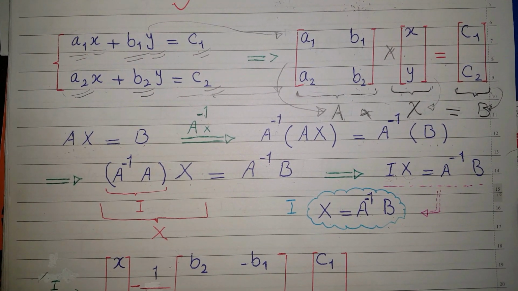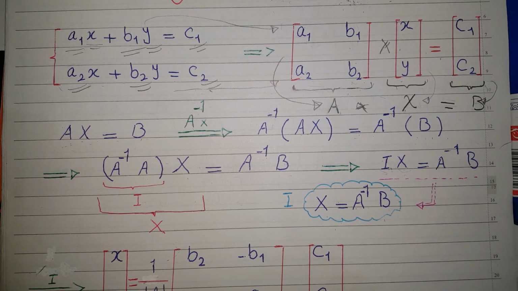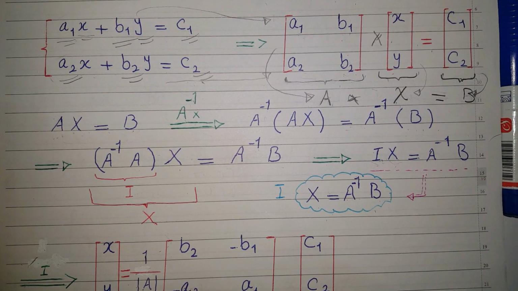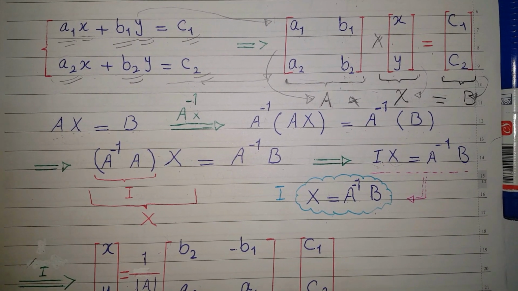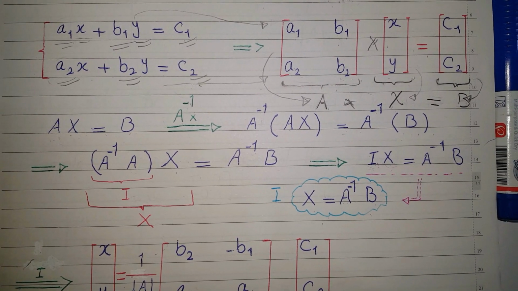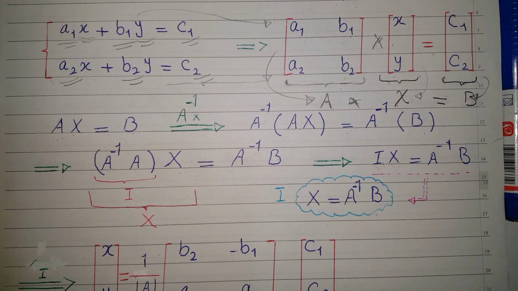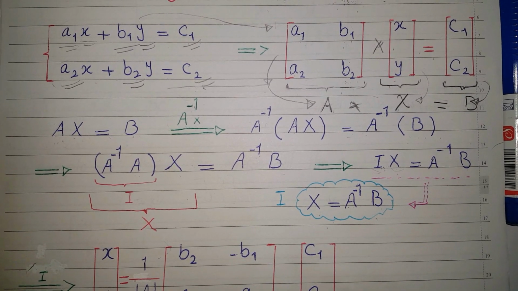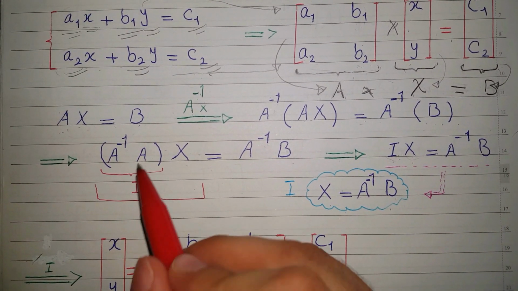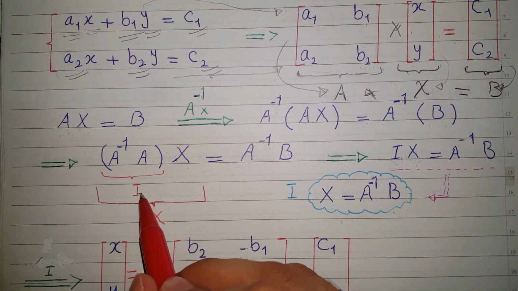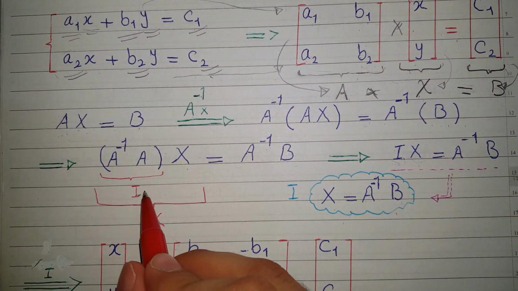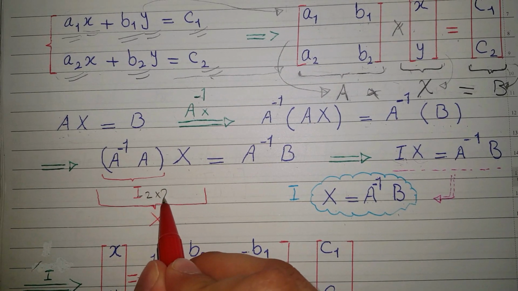The identity matrix is a matrix whose product with another matrix A equals the same matrix A. It is also a square matrix which contains ones along the main diagonal from the top left to the bottom right, while all other entries are 0. So here, A to the power negative 1 times A is going to be the identity matrix, and because A is a 2 by 2 matrix, I is going to be 2 by 2 here.